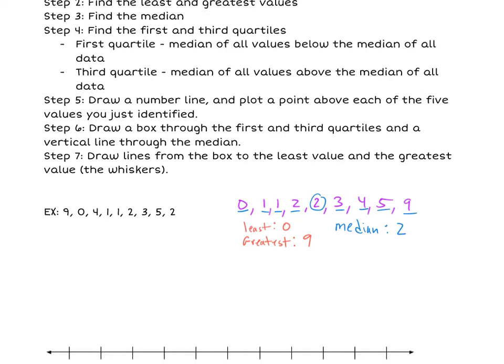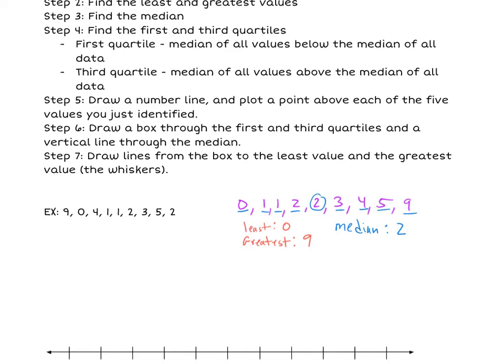Then, step 4 is we're going to find what we call the first and third quartiles. The first quartile is the middle number of all the numbers smaller than the median. So how many numbers do we have that are smaller than the median? 4 numbers here. We don't include the circled one.